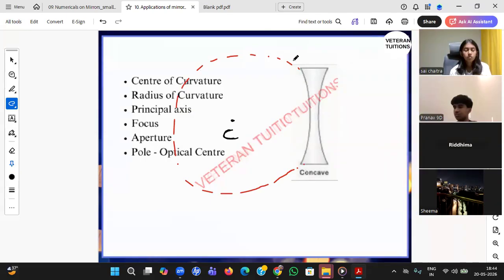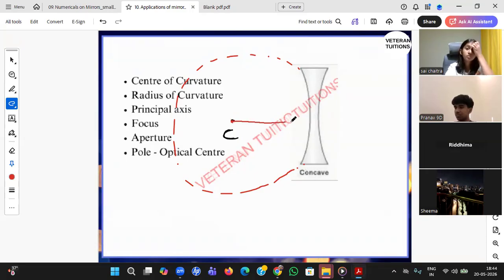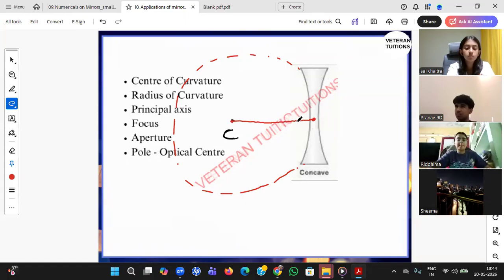If we assume this big sphere, this particular part is taken from the big sphere, the big sphere's center is the center of curvature. What is radius of curvature? It is again the same, from the center to the optical center is nothing but radius of curvature. You can say here also, student. Okay, so it's a radius of curvature.